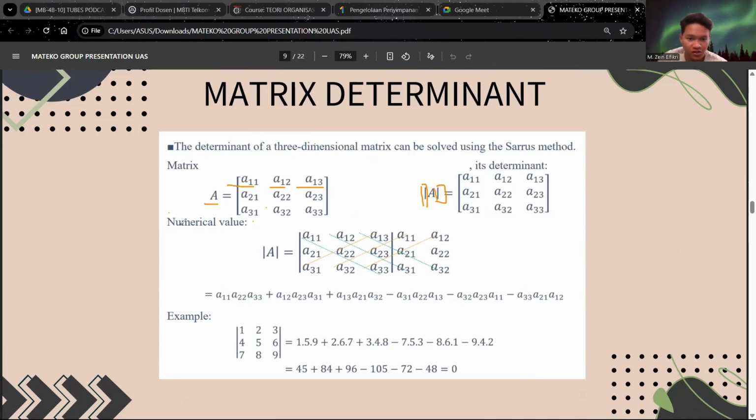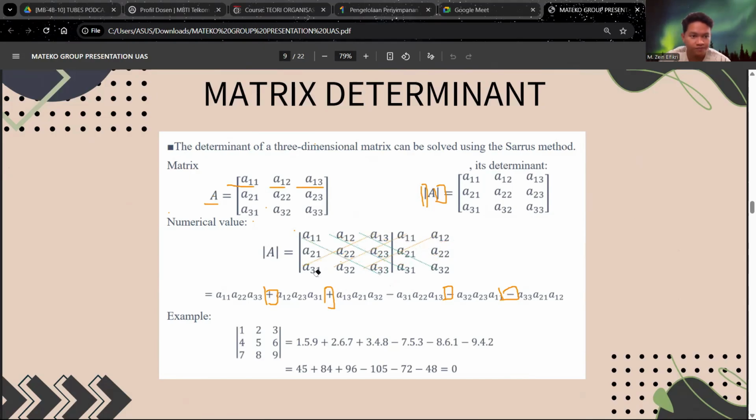So, the numerical value is, if the direction is to the right, like this, diagonal, the green line, yeah, then we put the calculation as plus, like this, plus, okay. But if you calculate like this, from under to up, then we must add minus, like this, okay.